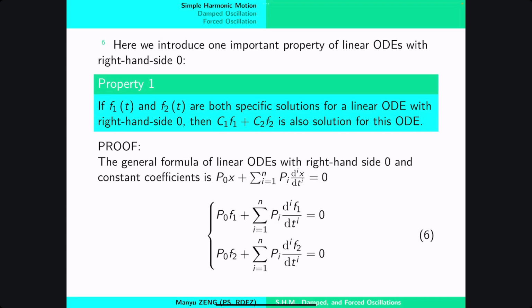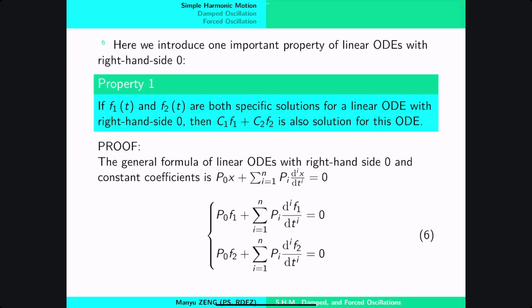The first term, p0 times x, is the zeroth differentiation term, and there are also other orders of differentiation terms. The other terms are a summation of these, and this thing equals 0 because we said the right-hand side is 0.